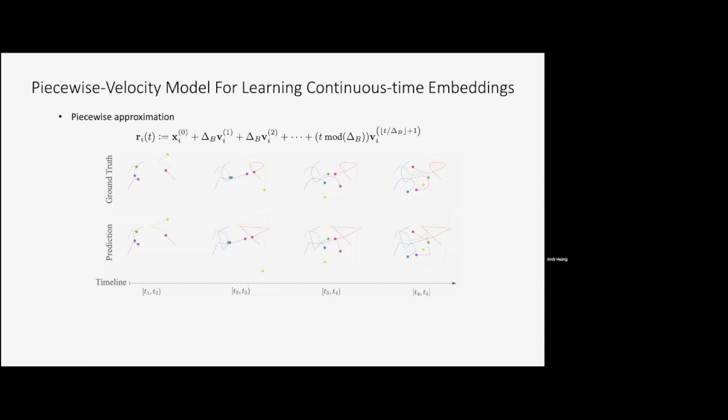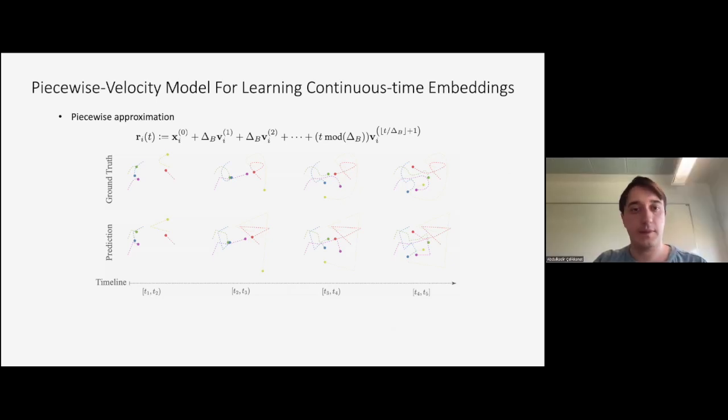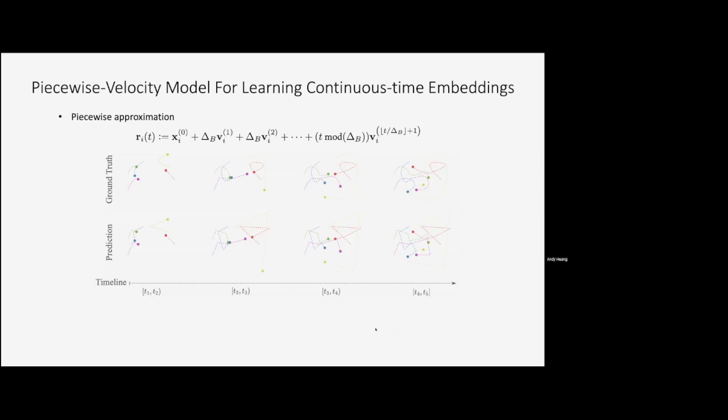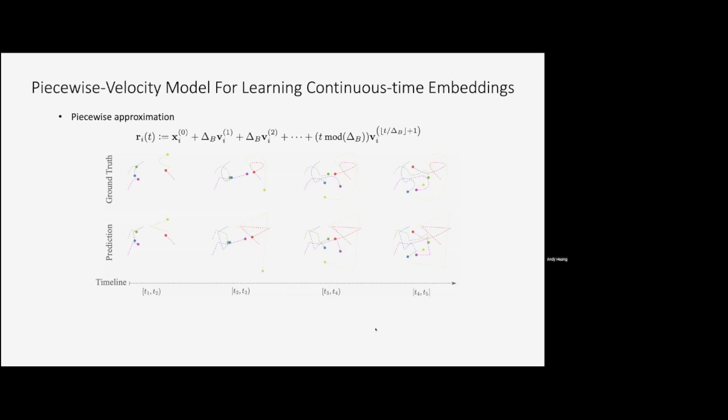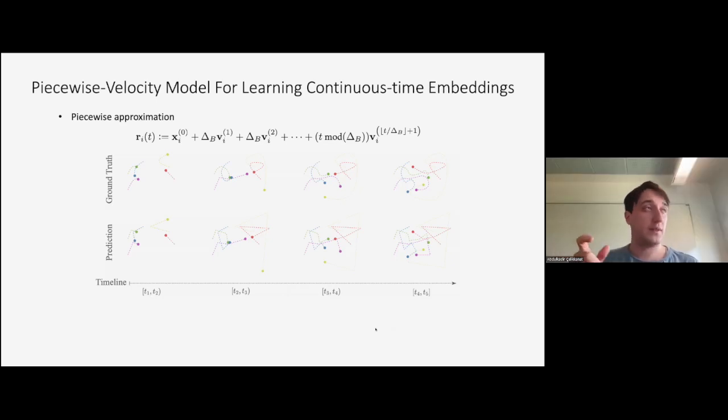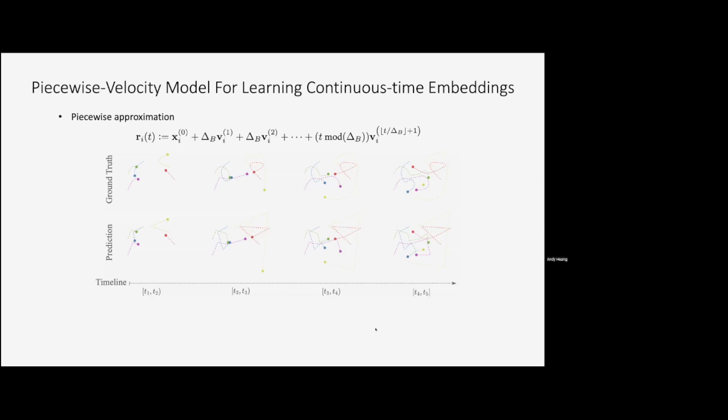The last question is, what is the time complexity for your model? I don't remember the exact time complexity, but we provide a detailed time complexity analysis in the paper. For training we are doing batching, so it depends on the number of nodes, the number of interactions, the size of the batch, and the dimensionality, since we work with very small dimensions. It also depends on the number of bins.